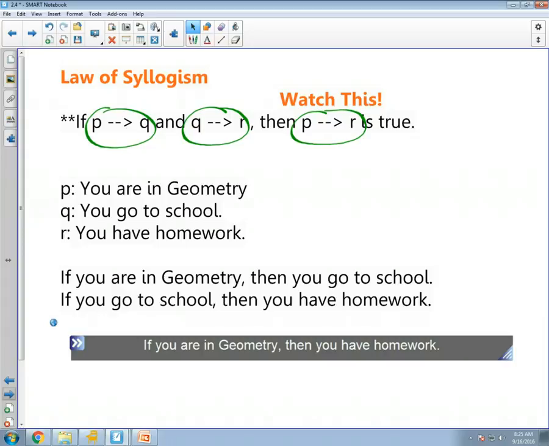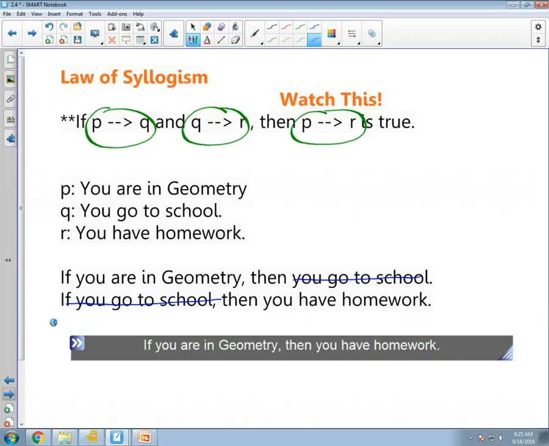So what you're going to have for questions, you're going to have these first 2 conditionals. You're going to have to come up with the third. Now here's what I think in my head. I think of canceling things out. It's probably not something you'll find in a textbook, but for the first and second conditional, if the first one ends like the second one begins, they cancel each other out.